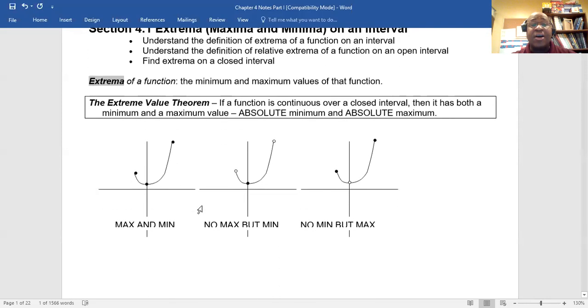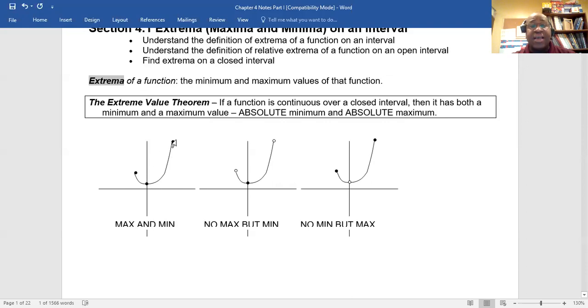Now here we have a couple of examples of graphs, and it's important that we understand what the conditions are. The conditions are simply that the function has to be, 1, continuous, and 2, it has to be over a closed interval. In the case of our first example, we see that this graph is continuous and it's on a closed interval.